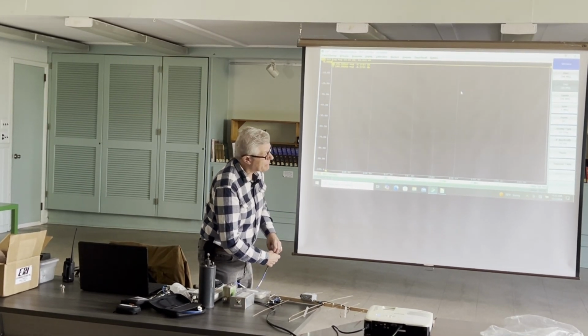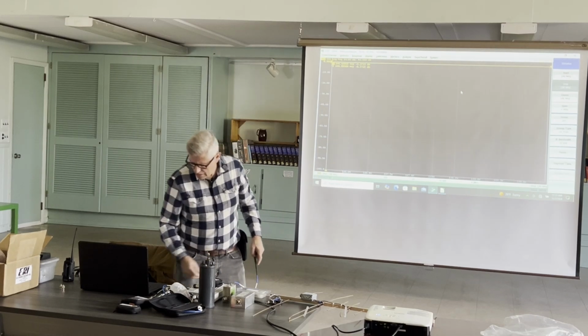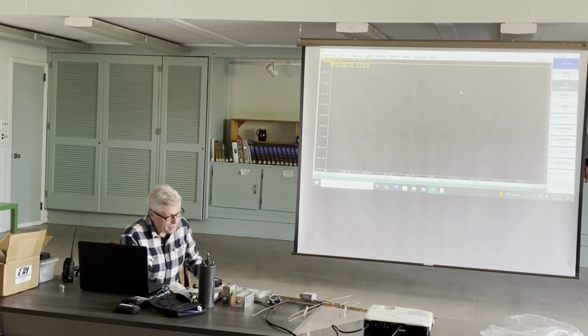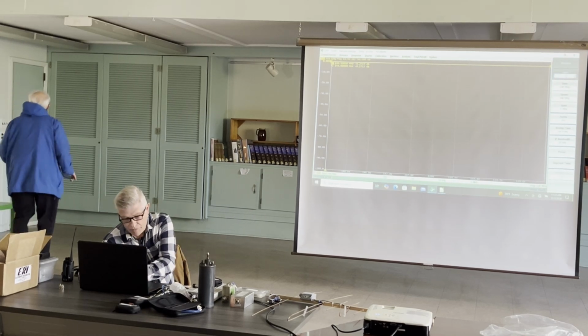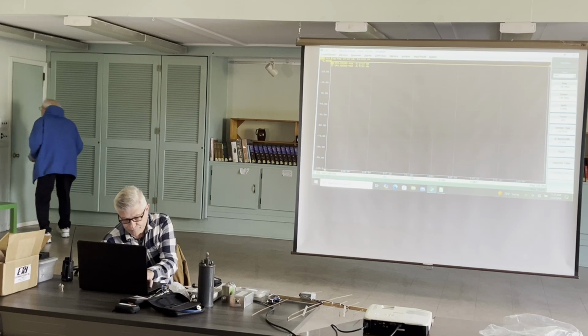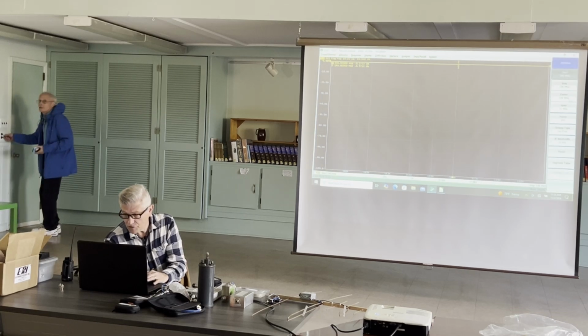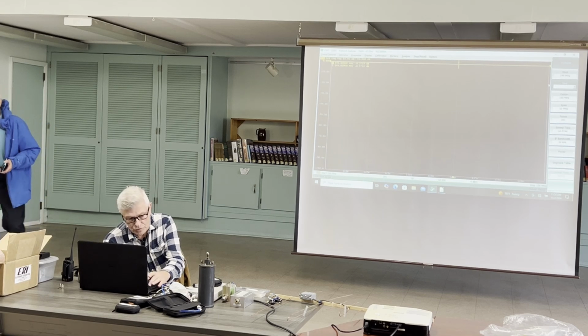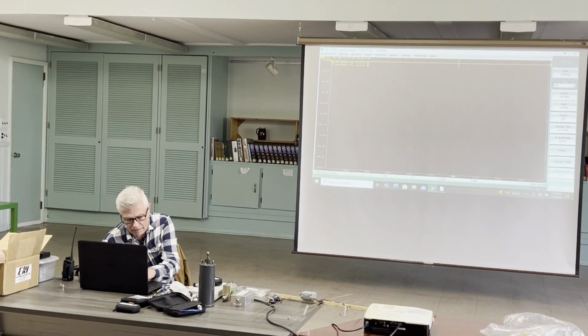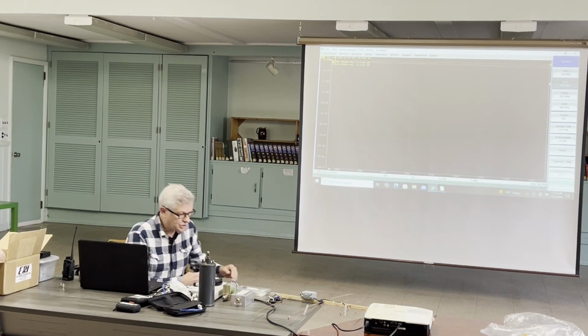So we may try to aim it toward the window if we can, but let's get the stimulus set up here. So we think this is 2 meters and 440, eh? So let's start at about 140, and let's go to, let's say, 500 meg, and let's see what we got.